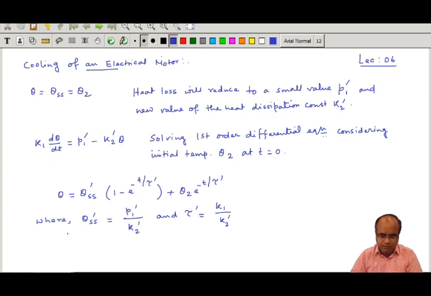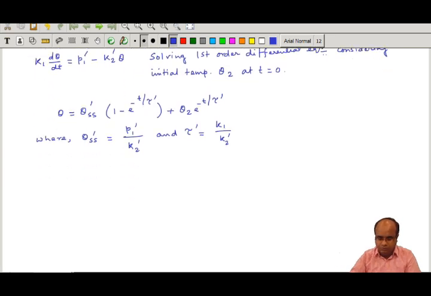Now if the motor is entirely disconnected from the supply, not just some amount of load switched off or thrown off, what will happen?